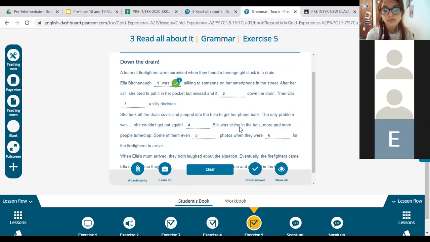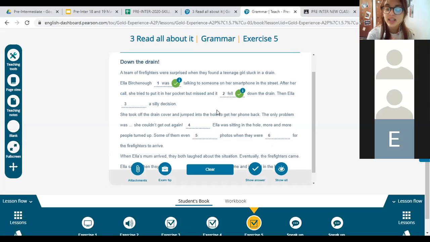Delphi, can you do the next one? Yes. After her call, she tried to put it in her pocket but missed and it fell down. I will help you a little bit here because they are very specific verbs.